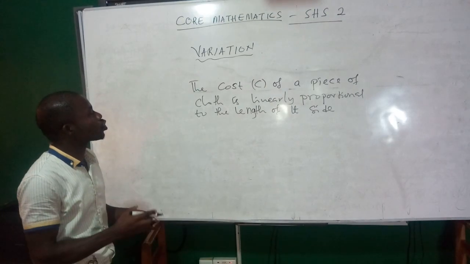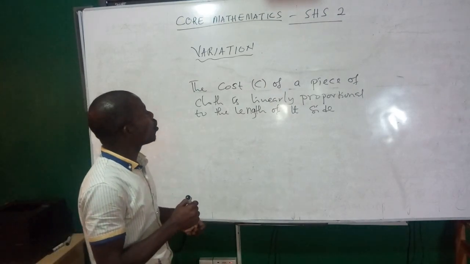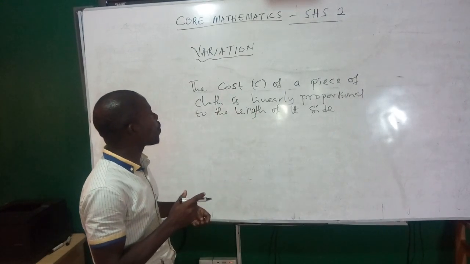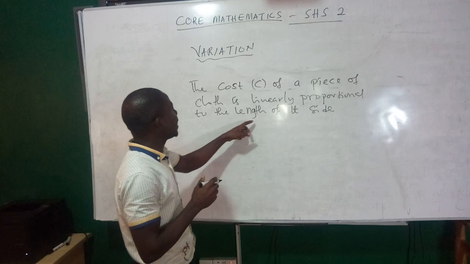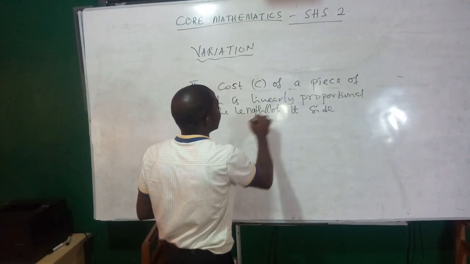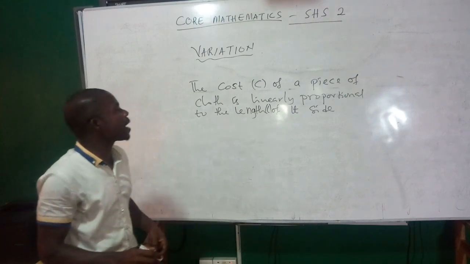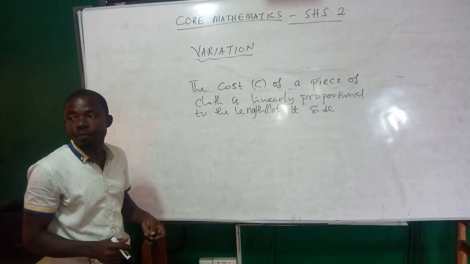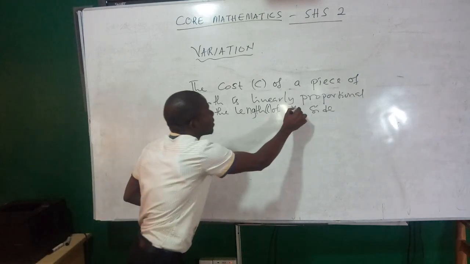The cost C of a piece of cloth is linearly proportional to the length of its side. Let's represent the length by L. Try this as well.